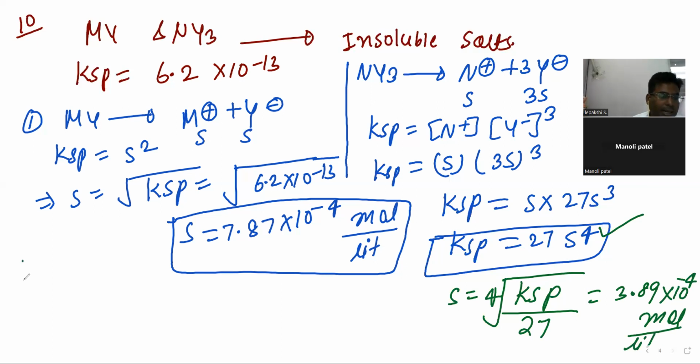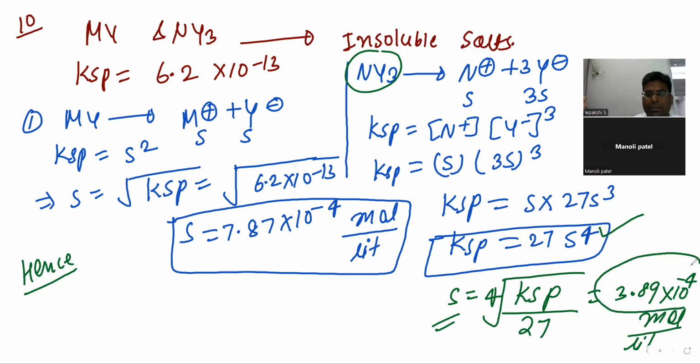So what happened in the S? The solubility of MY in water is less than that of NY3. Whose value is more? You can see the solubility of NY3 is more, because its value is more, while this one is 10⁻⁷, 7.87, which is less.